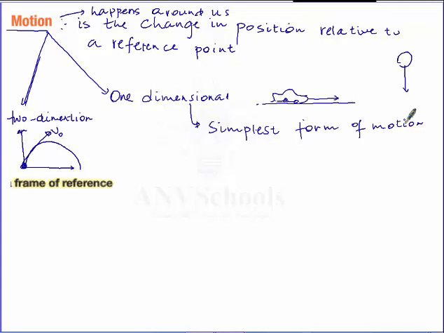Now the next is, what is the meaning of frame of reference? When we want to talk about the motion of an object, we must know what a frame of reference means.